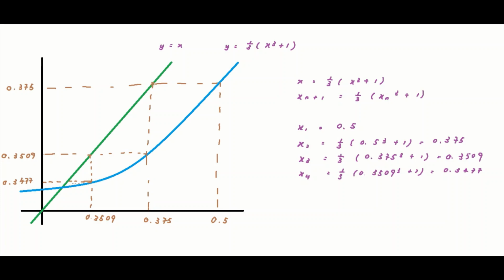Then I do the same thing again and put this value in to get my x5. I keep repeating, and if you magnify the whole thing, the gap becomes smaller and smaller. You can see that all the values you get are converging to the root that you want to find.